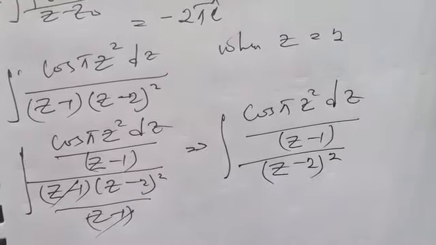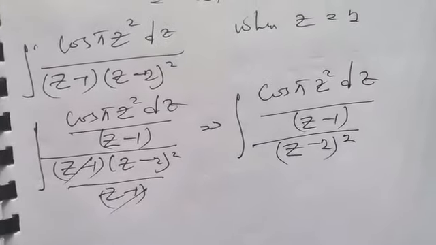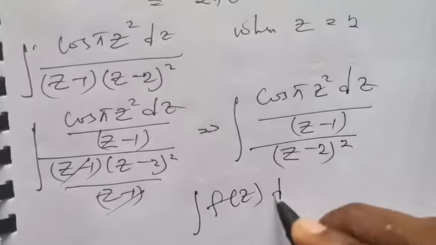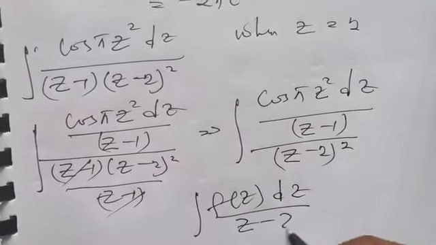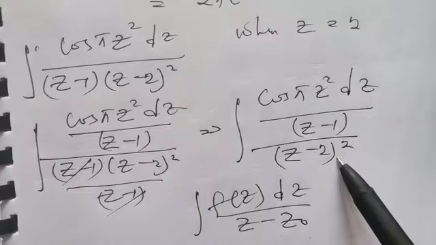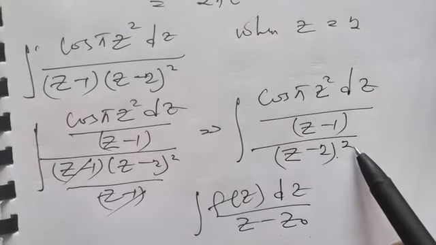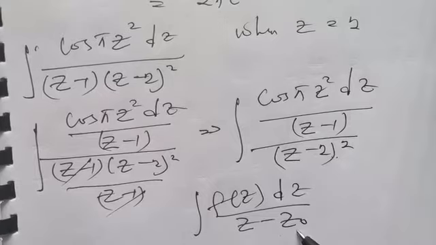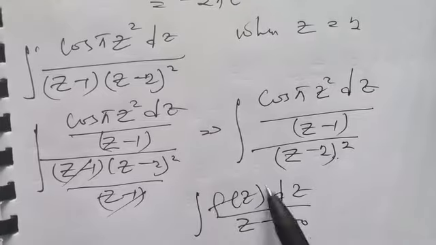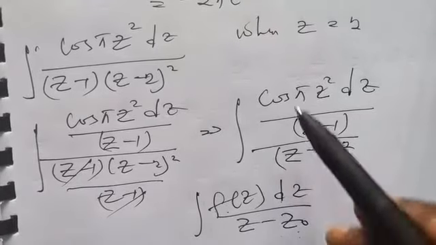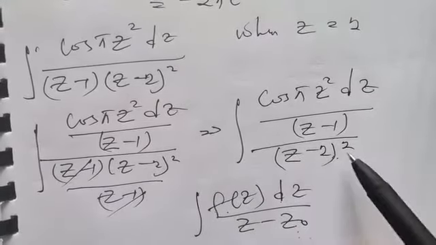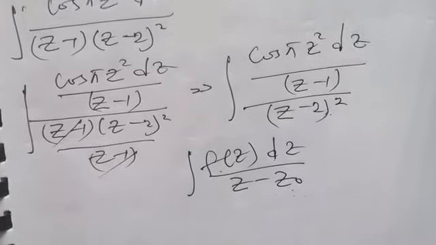Once again, you recall Cauchy's integral formula, and that is simply integral of f of z dz all over z minus z naught. So once again, z minus z naught is the denominator. This corresponds to this z minus 2 to the power of 2. So the denominator goes for the denominator, the integral sign for the integral sign, the dz for the dz. What I am left with is the function f of z. That means my function f of z becomes everything here aside the dz, aside the integral sign, and aside the denominator.